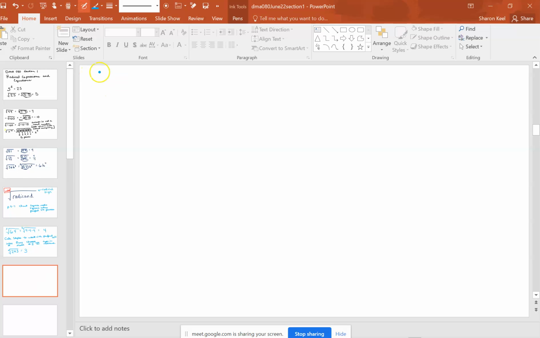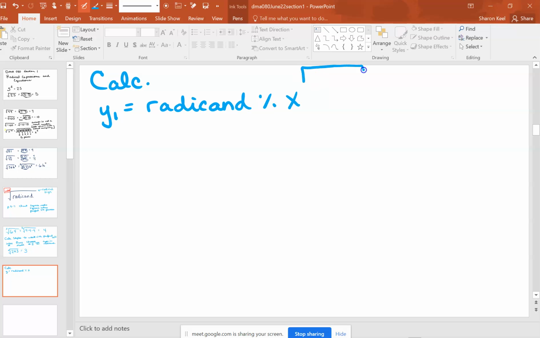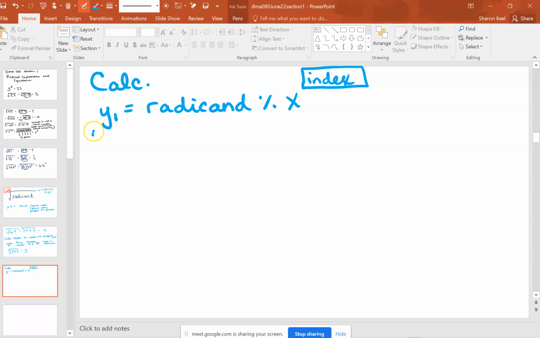We're going to use the calculator. We're going to go to Y1 equals, and type in the number that's the radicand divided by x, and for the exponent, we're going to use the index value. Once we've done that, we're then going to press second, table.